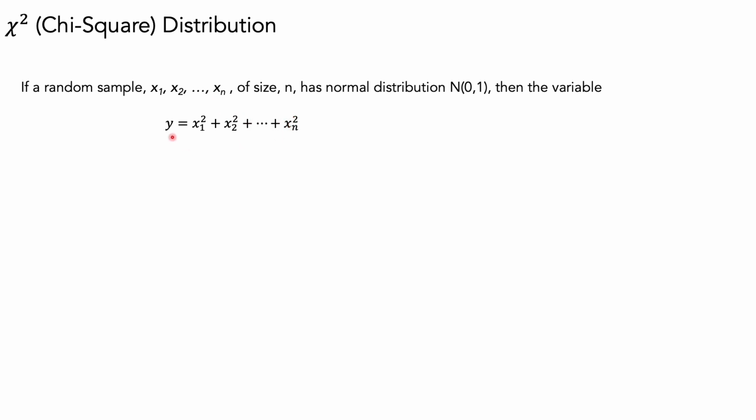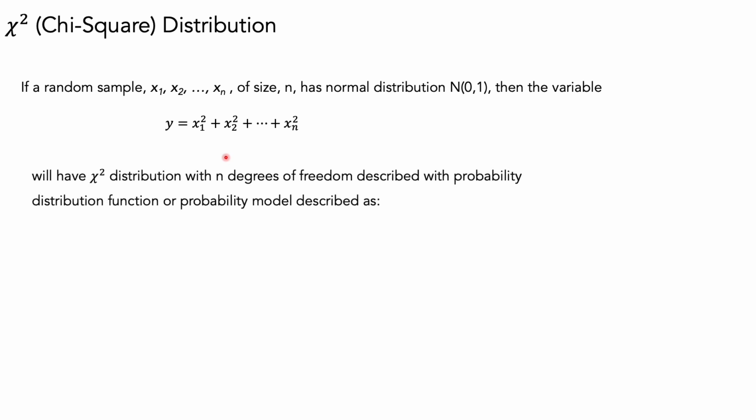This statistic will then follow a chi-squared distribution with n degrees of freedom. This n degrees of freedom is the number of items in this sample. Degrees of freedom are actually the maximum number of variables that can independently change values.